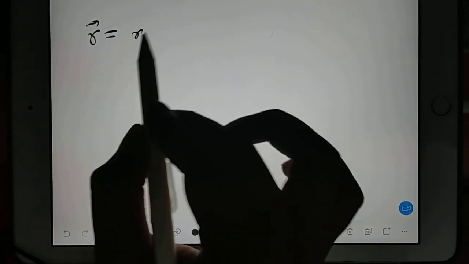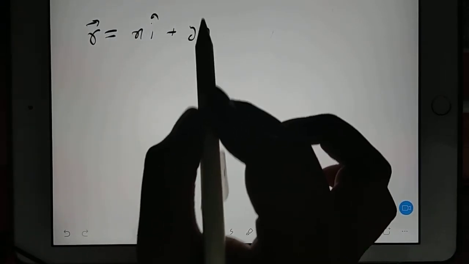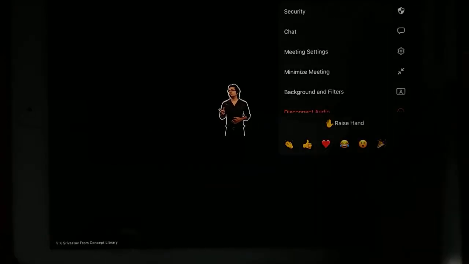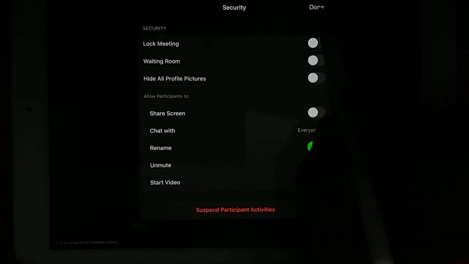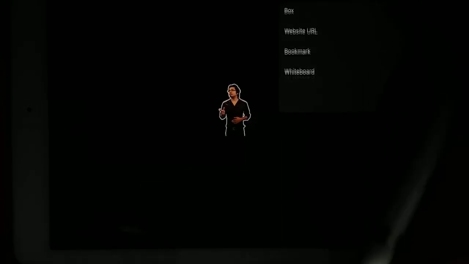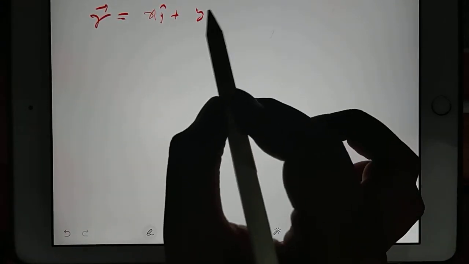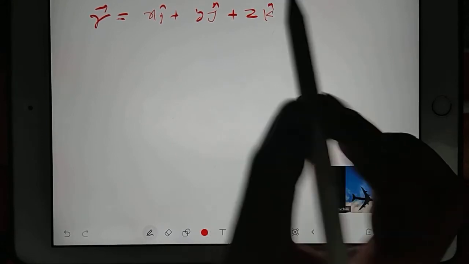Whenever r comes, it will be r = xi + yj + zk.